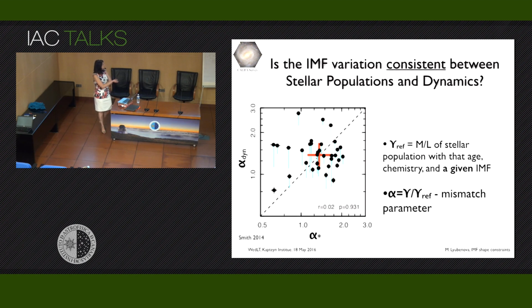And this is where we come to this infamous or famous alpha, or IMF mismatch parameter, which is basically a mass excess parameter. It tells us that if a stellar population had a chosen reference IMF, it will have alpha of 1, so all the galaxies will be clustering at this point here, 1, 1.